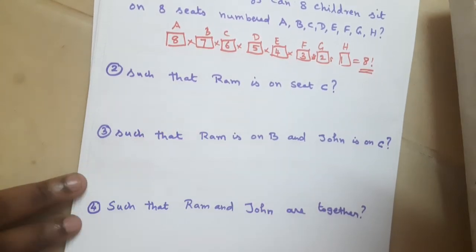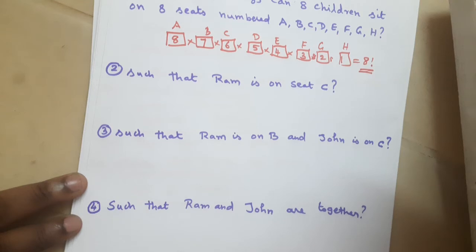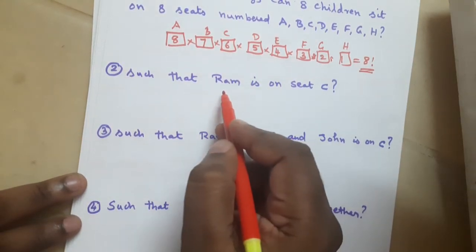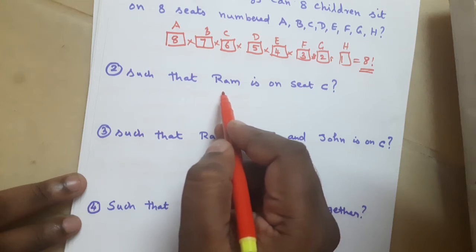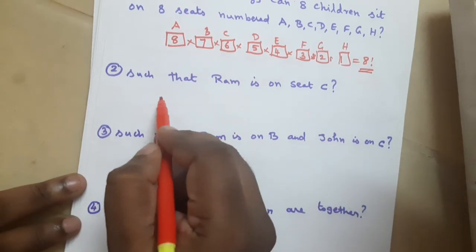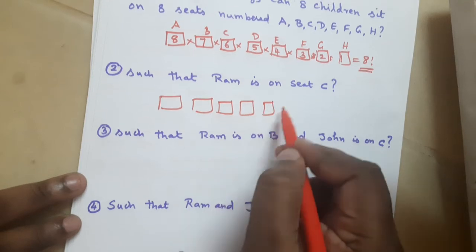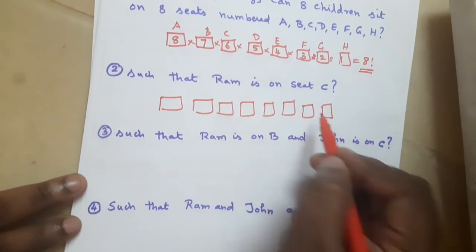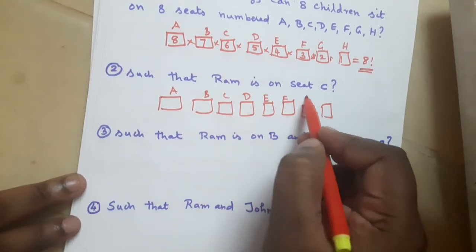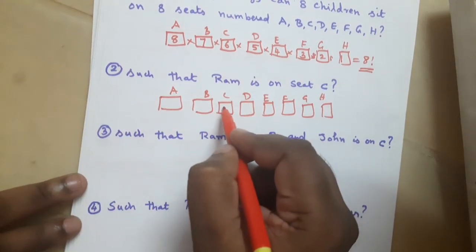In the next question, one condition is given. The condition is that the child Ram sits on seat C. There are 8 seats, A, B, C, D, E, F, G, H. In C, Ram is sitting.